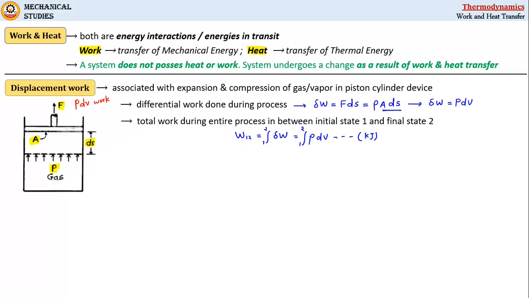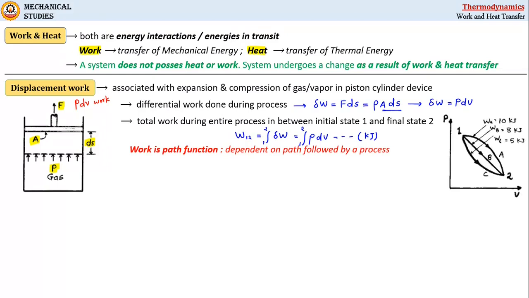One more important point regarding work is that work is a path function, which is dependent on the path followed by a process. For example, here a system undergoes 3 different processes between the same initial and final condition, that is 1 and 2.